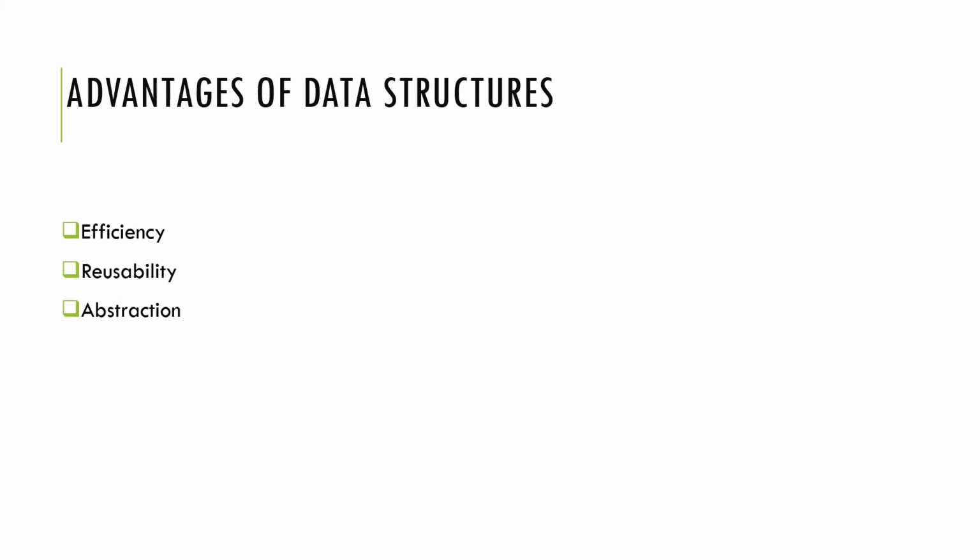Next one is advantages of data structures. The advantages of data structures are efficiency, reusability and abstraction. The first advantage is efficiency. The efficiency of a program depends on the choice of data structures.